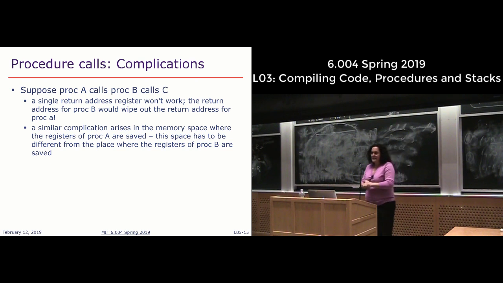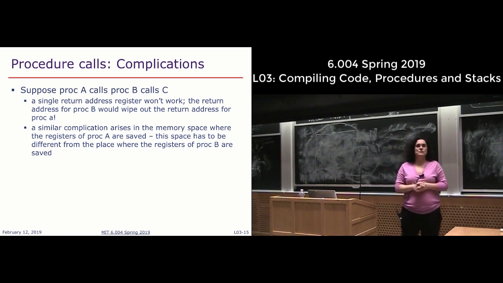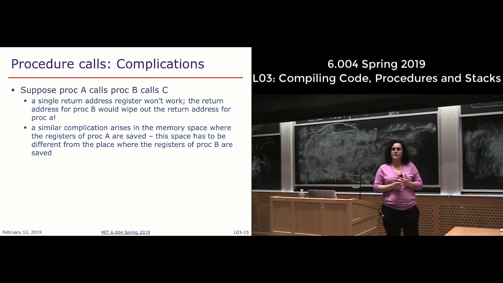So the next complication is the following. Suppose that I have procedure A calling procedure B, and then procedure B calls procedure C. I said that what I'm going to do is store the return address in this register RA, right?